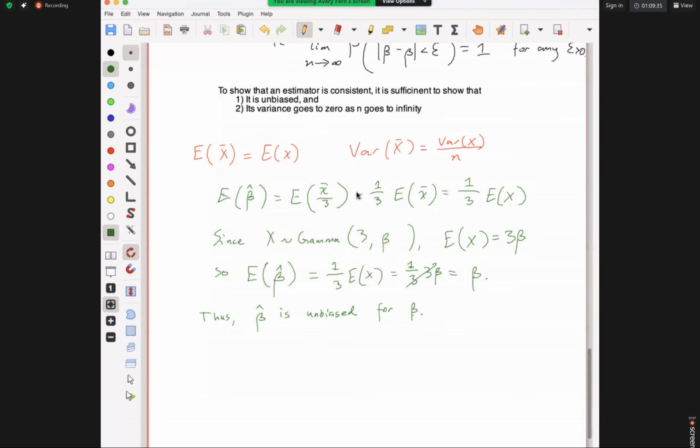So let's write the variance of beta hat. This is the variance of x bar over 3. And so how can I simplify that?